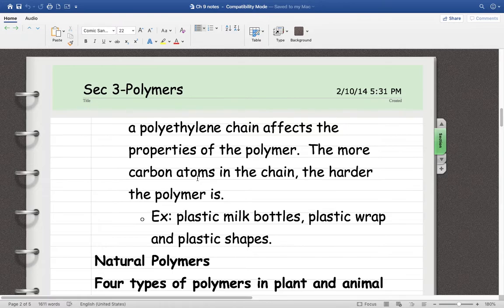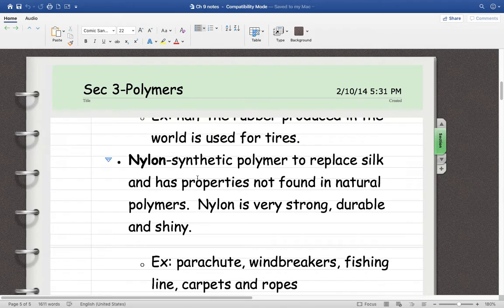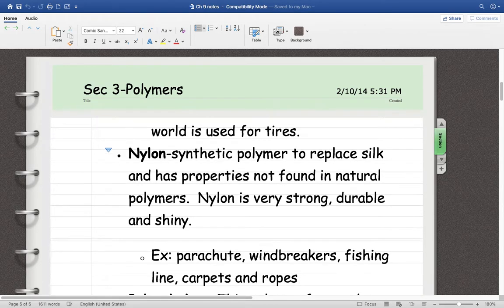And the backs of your chairs, even though you guys break them all the time, they're actually really hard. So that's going from less carbons to more carbons. The softer plastic wrap to the backs of your chairs, plastic shapes, more carbons. Those are synthetic. So synthetic is polyethylene, nylon, and rubber.